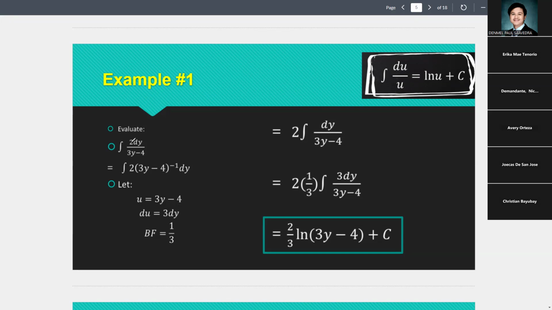You can set the 2 aside first, or move it up. If you use the power formula, it requires that n is not equal to -1.